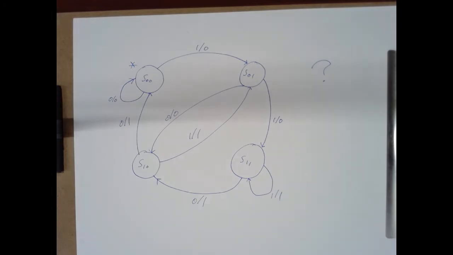Feed some strings into it and see what it looks like it might be doing, and then think about the state transitions and see if you can come up with a description of what this does. And it's got a pretty succinct description if you figure it out. So that's one to play with.